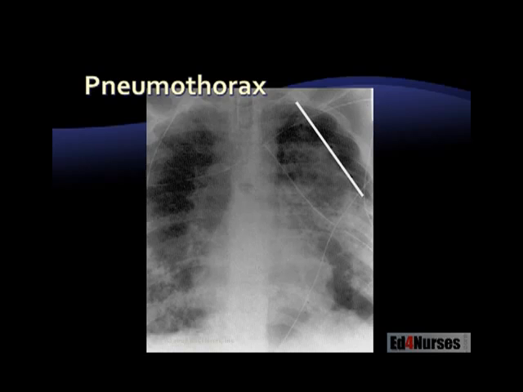The left side of the line is brighter than the right side. It's a very distinct line between the darker area on the right upper and the lighter area on the left lower. And that is a pneumothorax. There's air up in that spot. There's not lung tissue. There's air up in that spot. And that is a pneumothorax that's occurred.